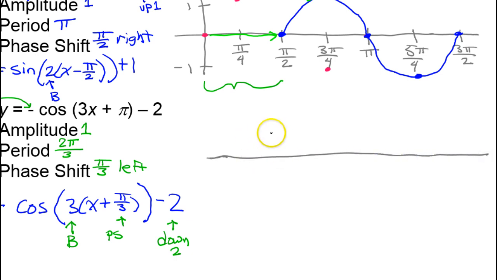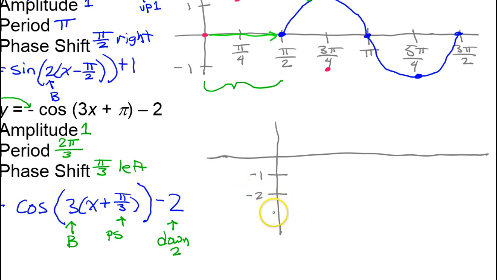Okay, so let's see. I'm going to leave a little extra space on the left. So here's my y-axis. Now, I made this a little extra long because the whole graph needs to be shifted down 2. Okay, so if this is 0, I'm going to have to shift everything down 2. So it's going to be like this. So this will be negative 1, and this will be negative 2.